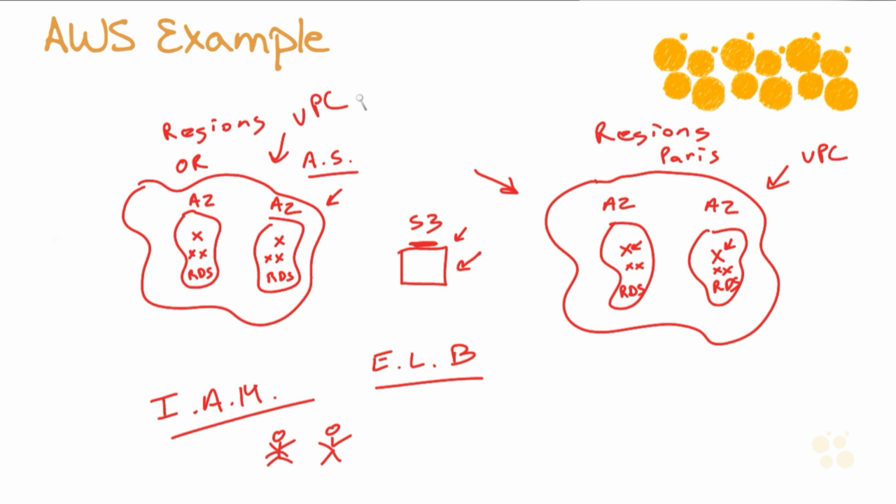Also, if users were to start complaining that our application access is a bit slow, one of the things that we could do is take advantage of what are called edge locations. And with the edge locations, we can utilize something called CloudFront.